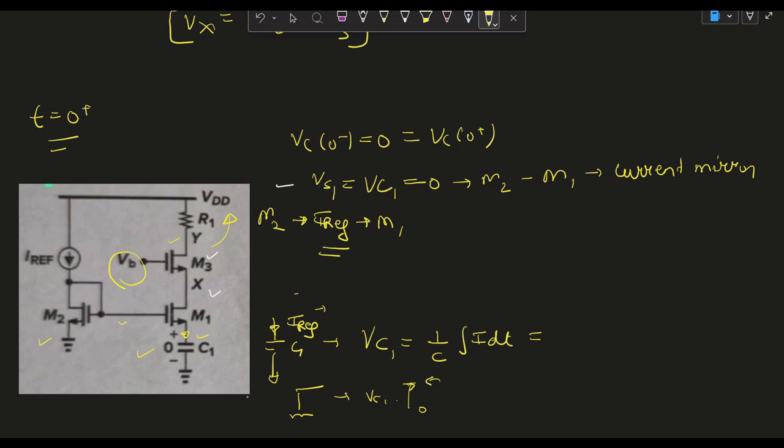IREF looks like a step current, but that is not the case for t equals 0 plus, as it is a very short period of time. So we can say it is like an impulse current for this time frame, and if we integrate the impulse, we get a step waveform. The capacitor voltage jumps instantly from 0 volt to some specific voltage.